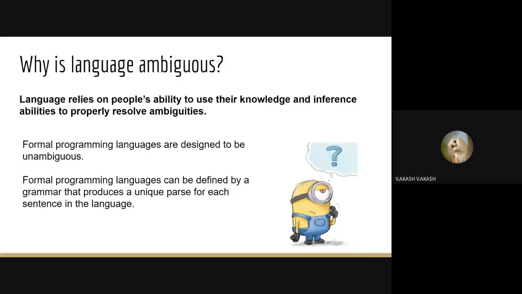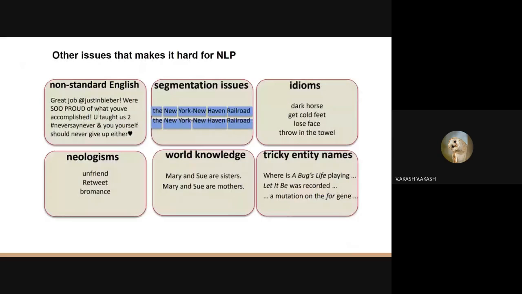Those are just related to the ambiguities, either semantic or syntactic. Now, there are other issues as well in the language, such as non-standard English. If you see tweets and whatnot, you'll have at-the-rate symbols used to tag, exclamation marks, and hashtags and whatnot. So all these are to be parsed together with the word, and that might be difficult.